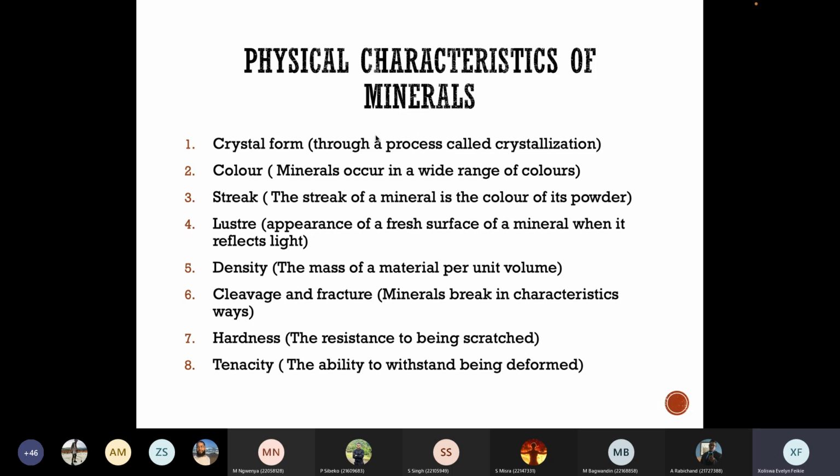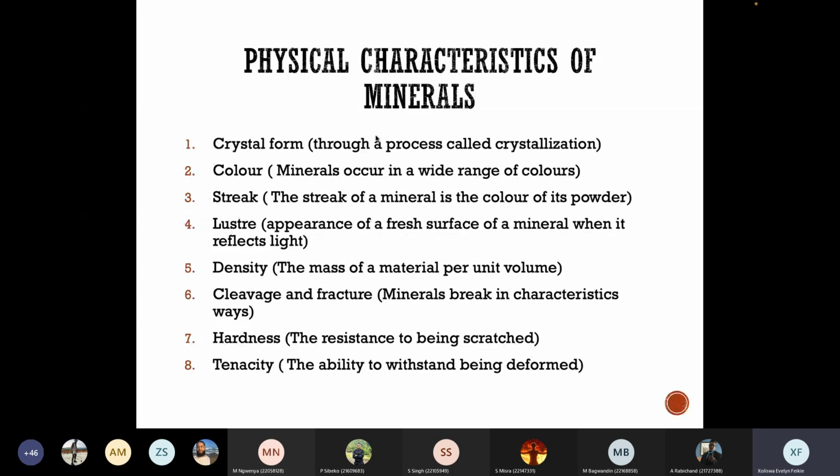Something that you also need to take note of is that minerals are important to understand, right? When you look at a rock, this rock was formed and there are minerals in it, right? Some minerals, when exposed to water, react with it, because remember we have hydrogen and oxygen.